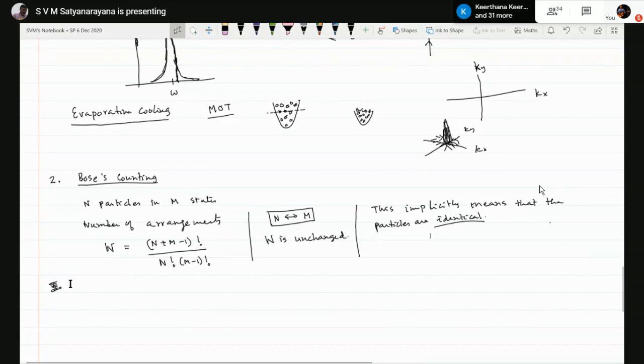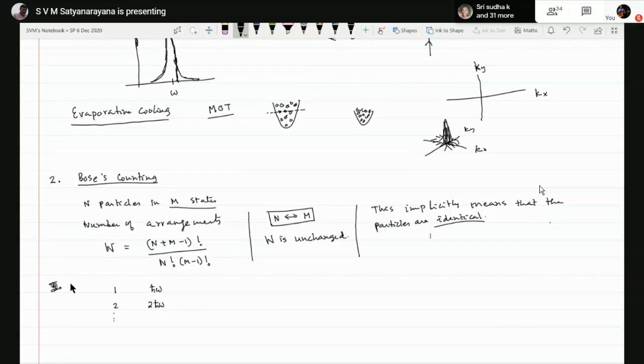Okay, so the idea is something like this. When I say there are m states, suppose the first state has energy h bar omega, the second state has 2 h bar omega, and so on.